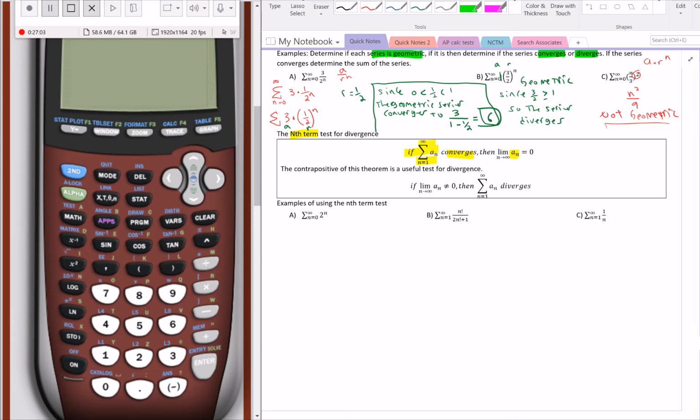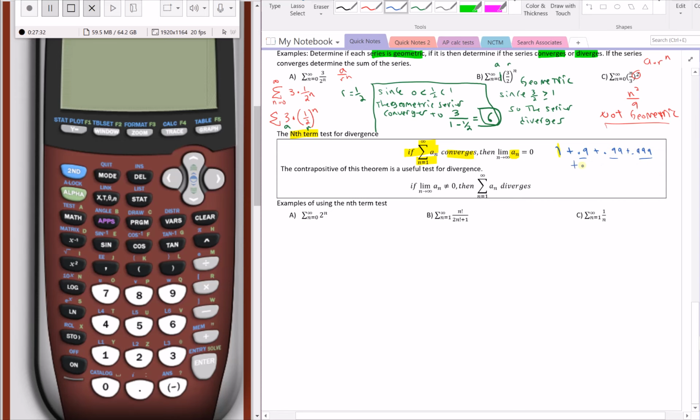So that makes sense because, if I was adding a bunch of numbers together, let's imagine I was adding 1 plus 0.9 plus 0.99 plus 0.999. Notice these numbers aren't going to 0, right? This number's not getting closer to 0.